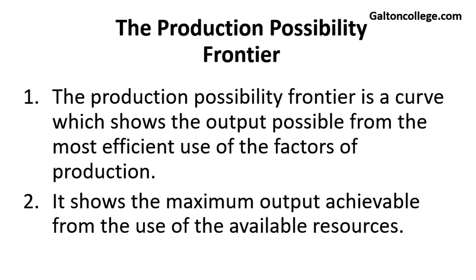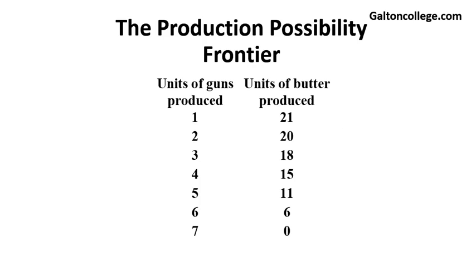The production possibility frontier shows the maximum output achievable from the use of the available resources. So the production possibility is maximum efficiency. Bear that in mind. Now, I'm going to use an example here of what's known as guns and butter. We don't literally mean guns and butter. It's just a trade-off.